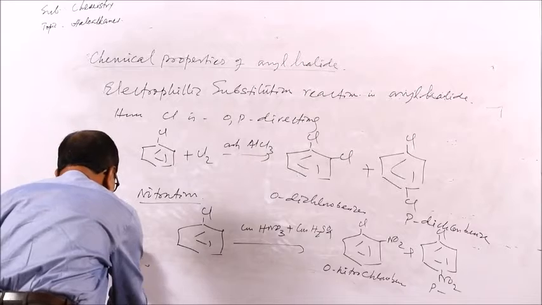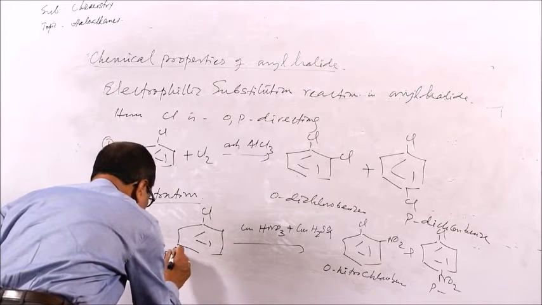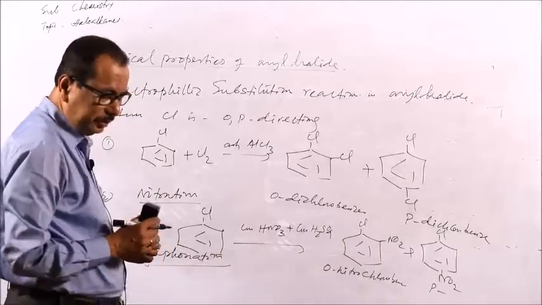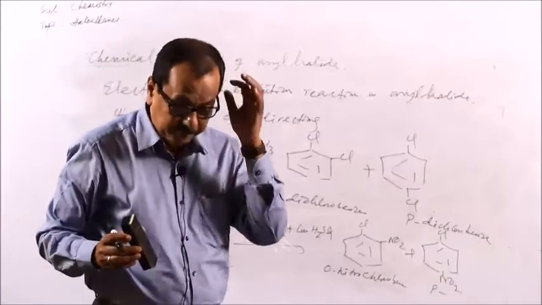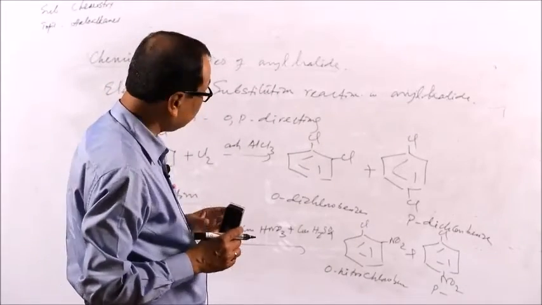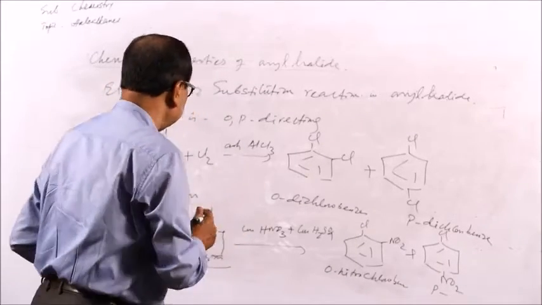Third one is your sulfonation. When chlorobenzene is treated with concentrated sulfuric acid, orthochlorobenzene sulfonic acid and parachlorobenzene sulfonic acid are formed.